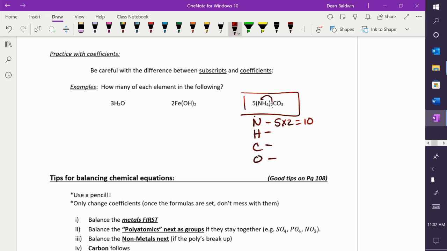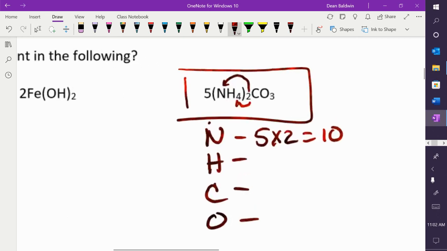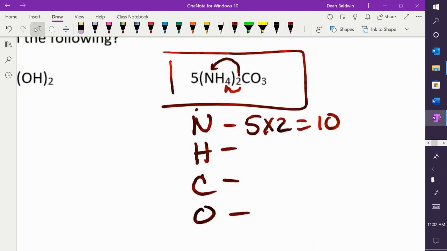How many hydrogens do we have? There's 4 in NH4, but we have 2 of those molecules because of this 2. So that's 8, and then we have 5 molecules. 5 times 8 is 40. Carbons?